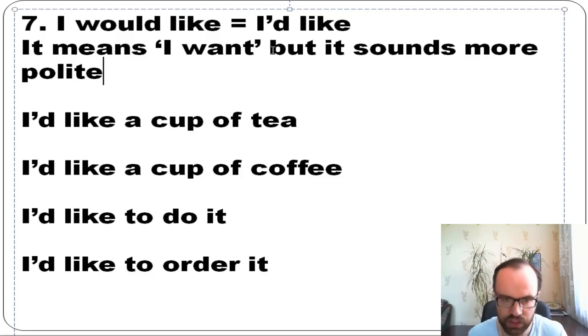And we often meet this structure. For example, I'd like a cup of tea. It means I would like a cup of tea. But native speakers mostly say I'd like.